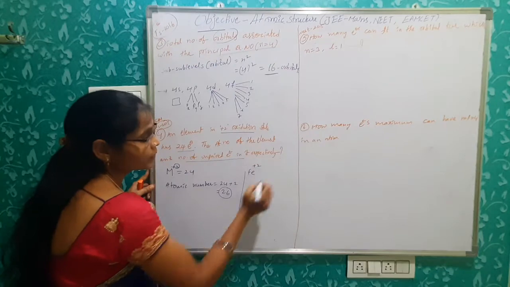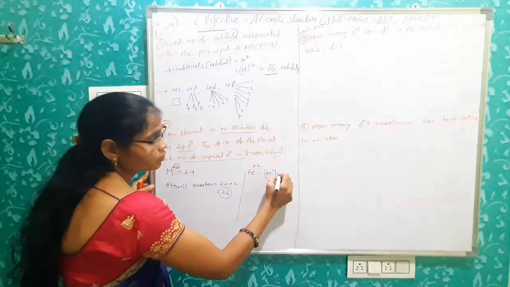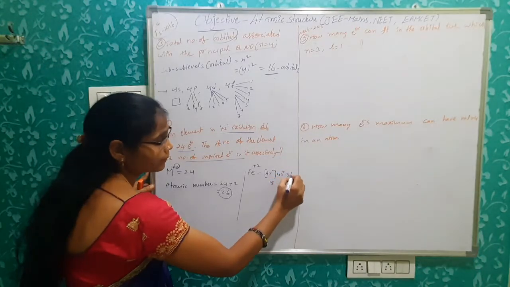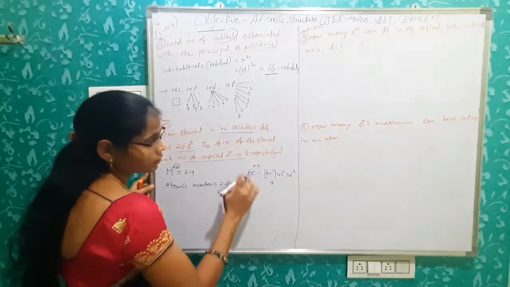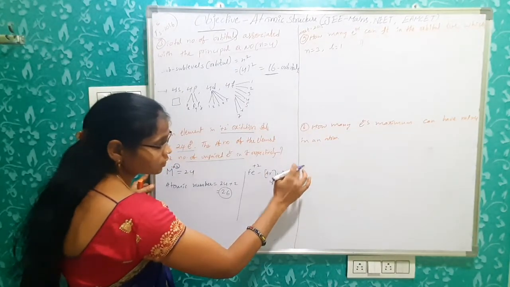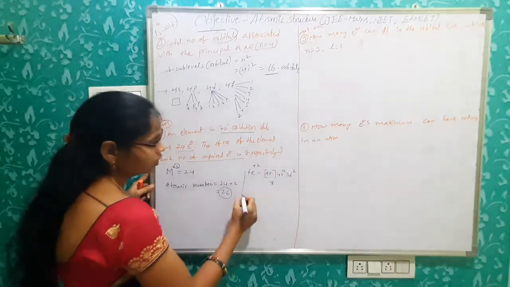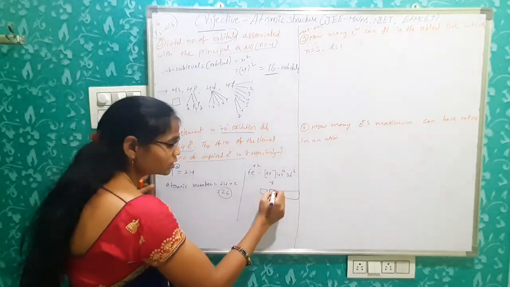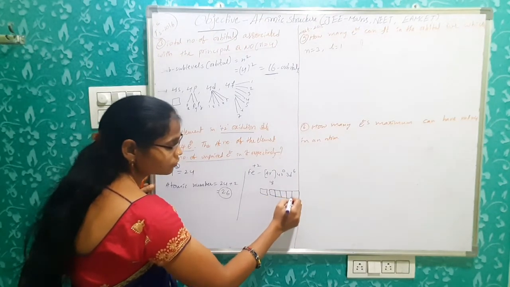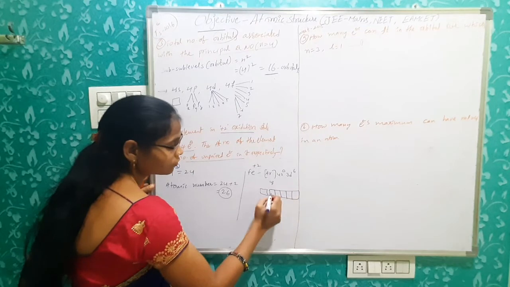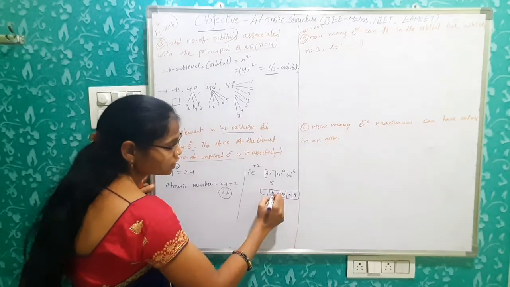What is the element? Iron +2. Write down the configuration: argon 4s2 3d6. By loss of 2 electrons, 4s0, so 4s is empty, but 3d6: 1, 2, 3, 4, 5, and the 6th electron will be paired.